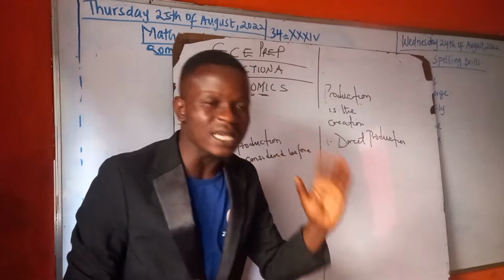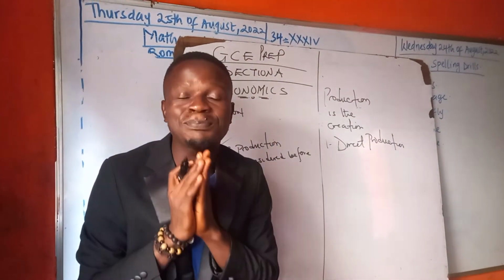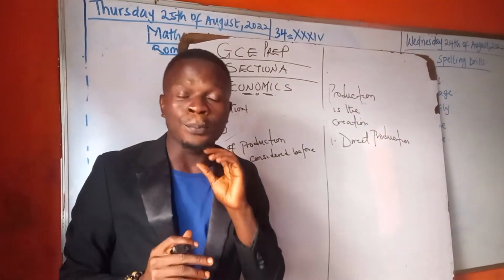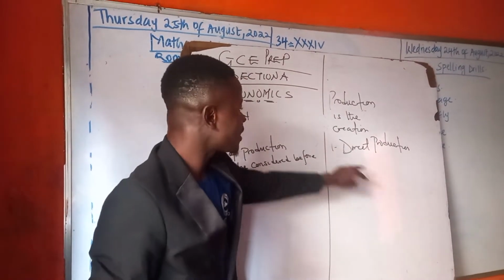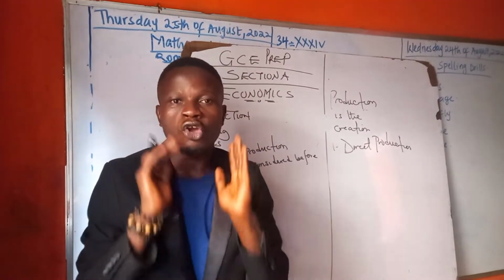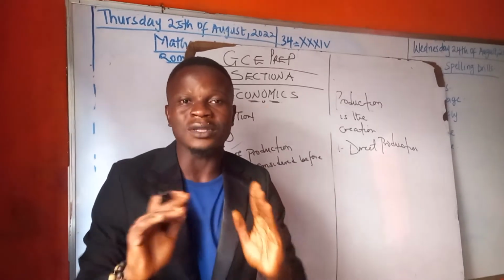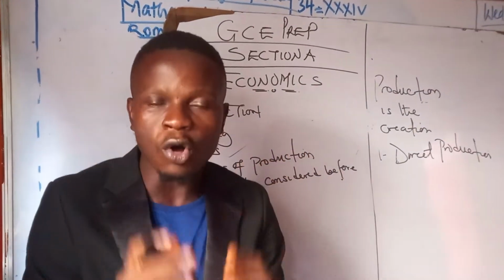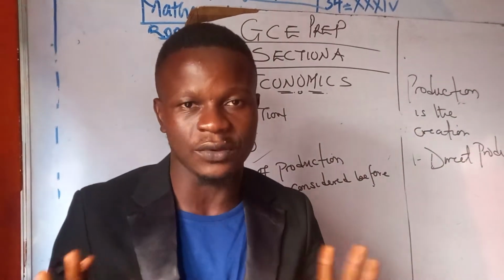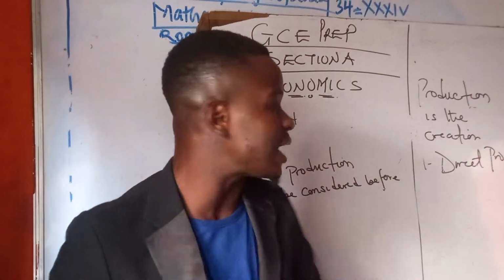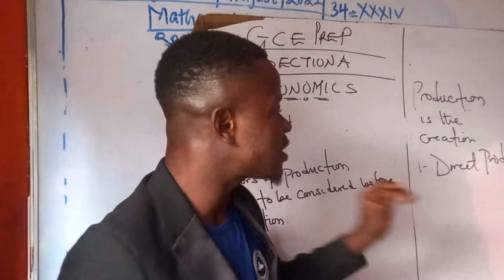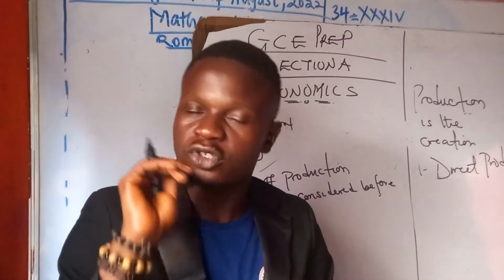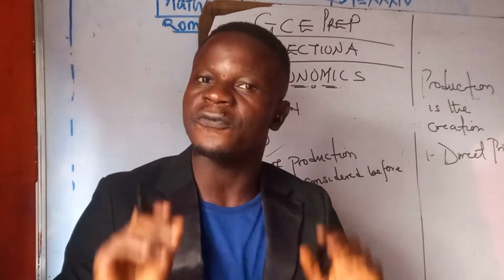This production is when you produce for you and your family. And mind me, in this production, you are not producing for the public. It is not for sale, so you don't sell them. It's as simple as that. You can also call this subsistence production. It is when you produce for just you and your family.